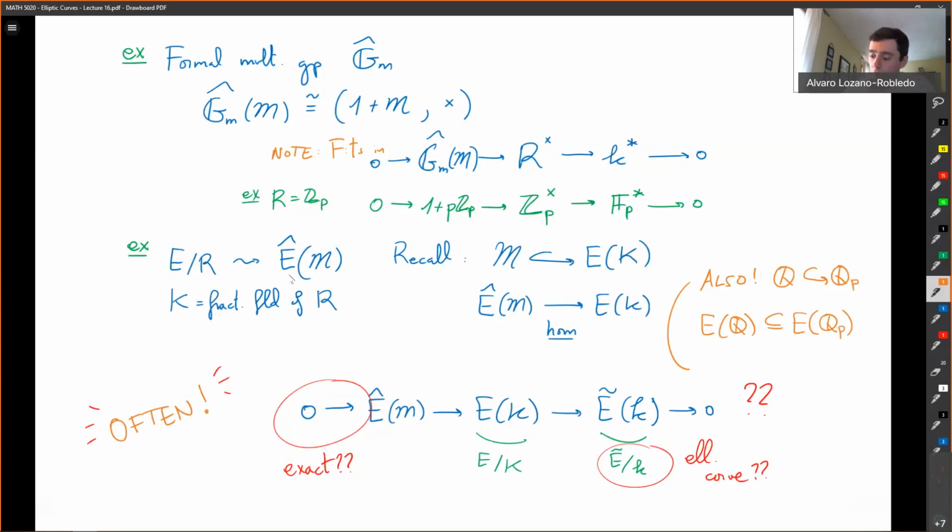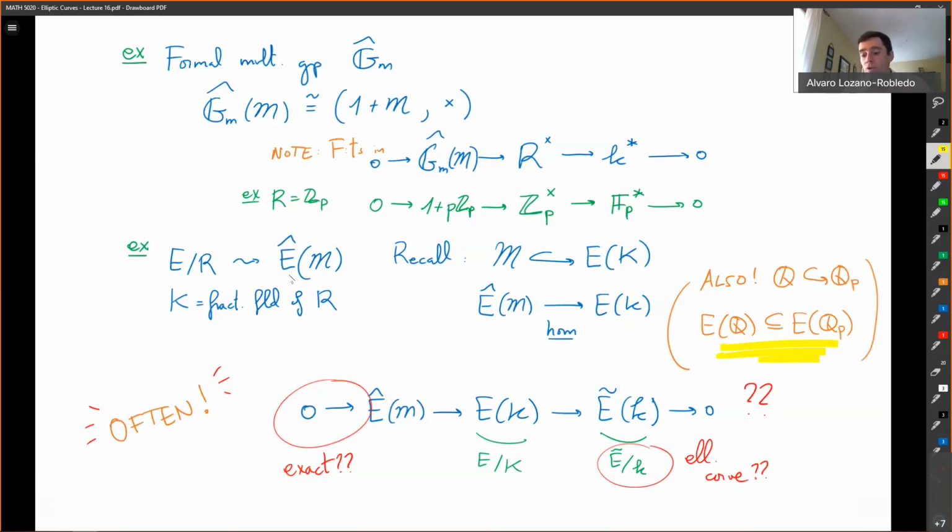So any information I can get about elliptic curves over the p-adics carries down to elliptic curves over Q because of that inclusion. And what we're going to do, for example, is find some bounds on what kind of torsion points you can have over the p-adics, and that is going to tell me something about the bound on what kind of torsion points you have over Q.